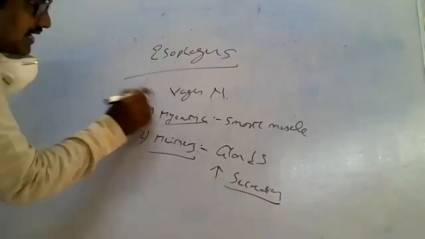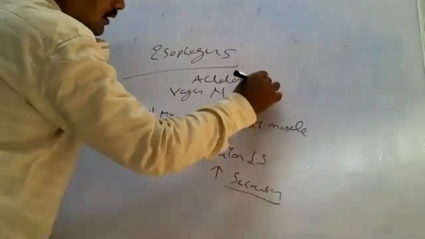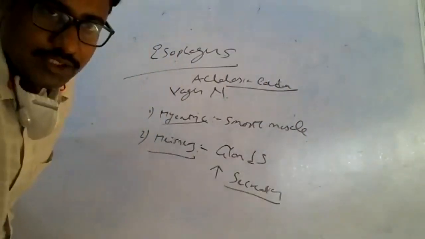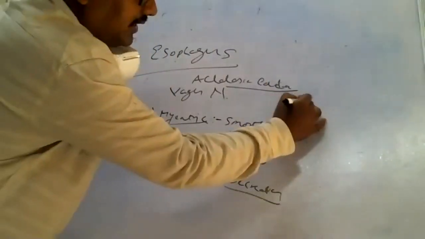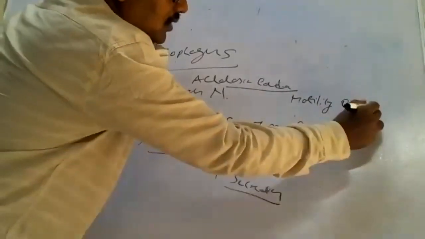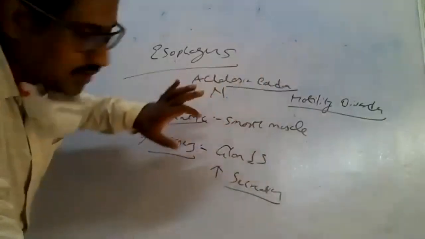So achalasia cardia is nothing but your esophageal motility disorder. Motility means movement. Motility disorder. So where do you expect the problem is?